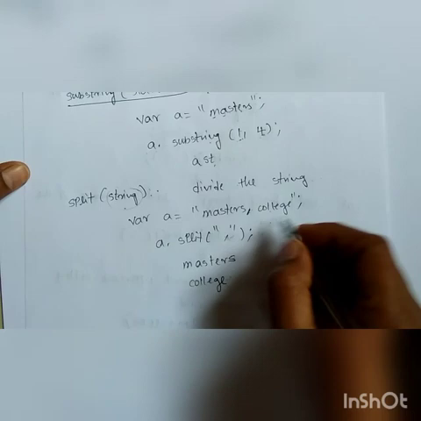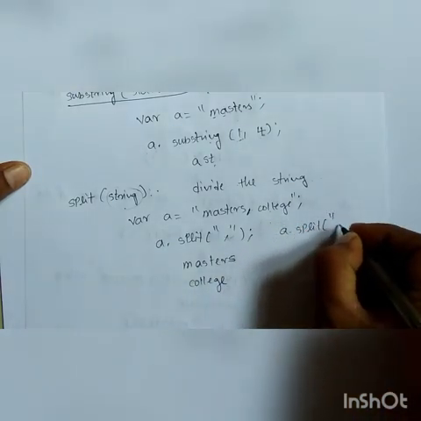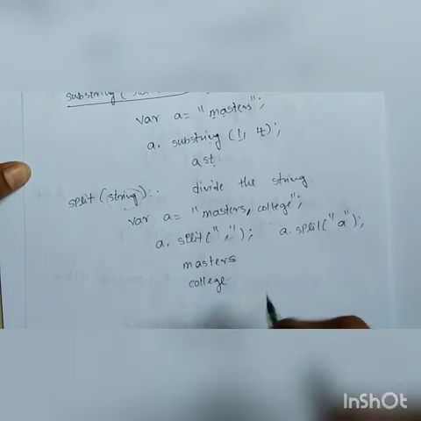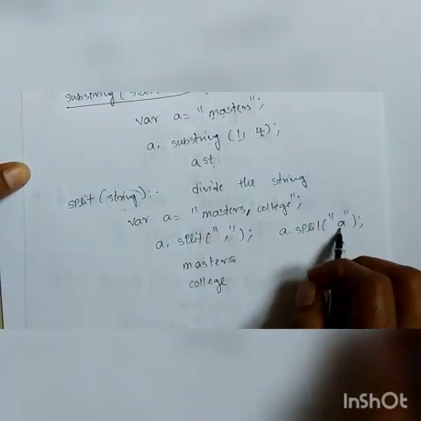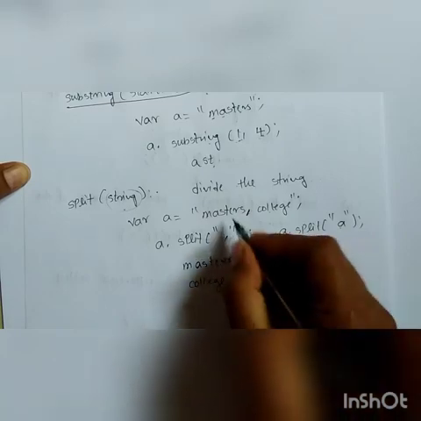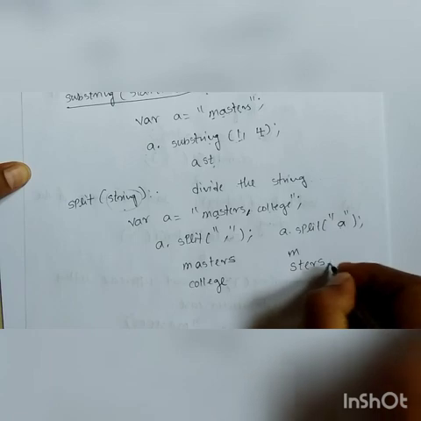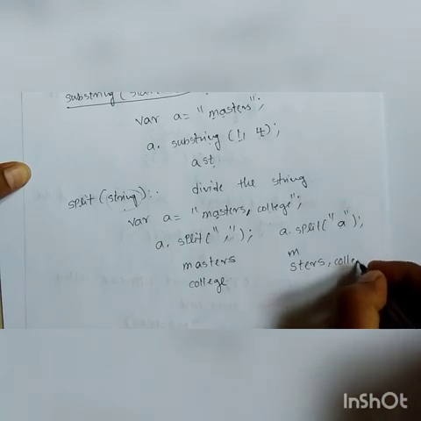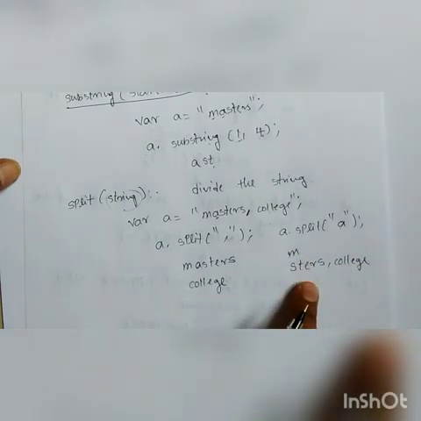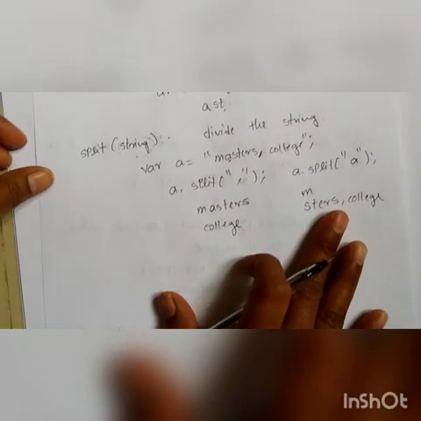If I take it like this, a.split with a, then based on the a string, we are dividing this object. First M, then after a it divides. Next S, T, E, R, S, comma, C, O, L, L, E, G, E. Dividing into two parts. So this is the split function.